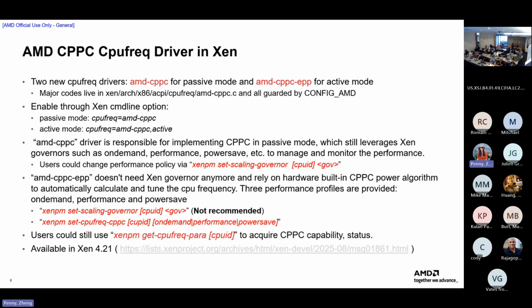Users could still use the governor setting command to provide performance policy too, but it is not recommended. Nevertheless, the governor concept does not exist at the conceptual level in active mode. And users could still use xenpm get-cpufreq-para to acquire the CPPC capability and status.